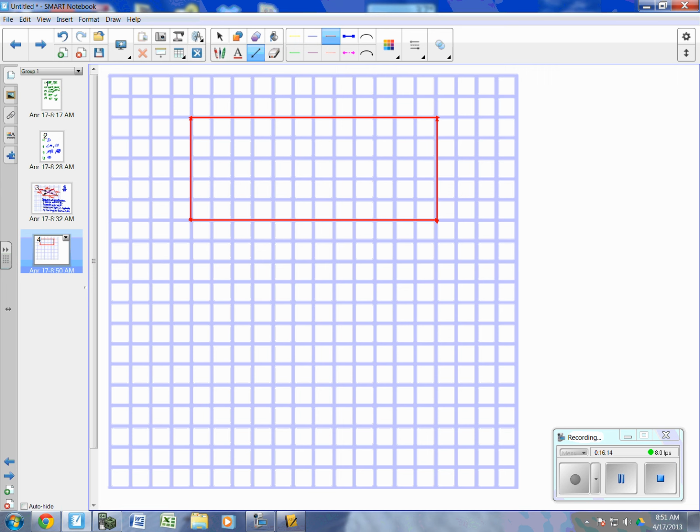Okay, draw a rectangle. Now I want you guys to draw the diagonals of this rectangle. Now, I want you to measure the two diagonals. Measure the length of the two diagonals.